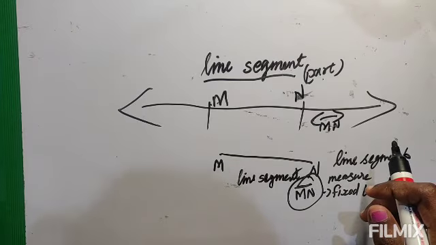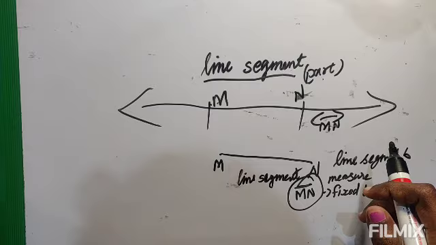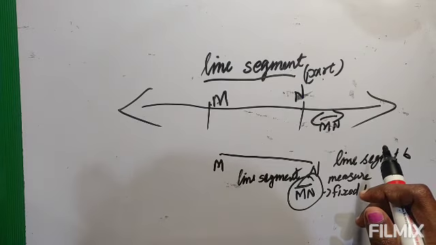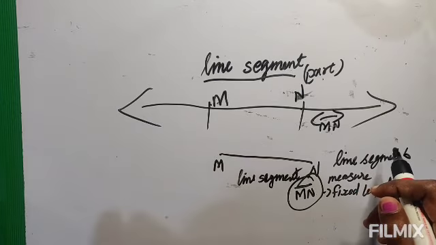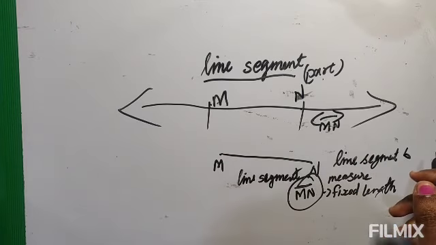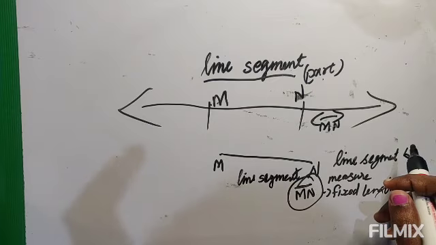But line segment has a starting and ending point, so it has 2 ending points. Since it has ending points, we can measure the line segment. Since we are able to measure, it has a fixed length. So this is the difference between line segment and line.